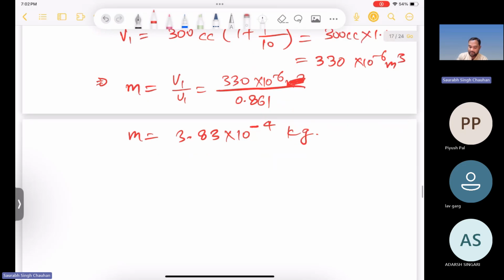Okay, so I'm assuming that this value is correct. So now we have got the mass.